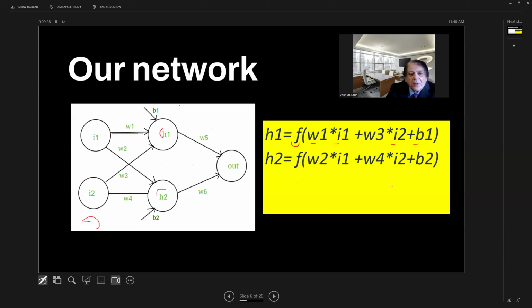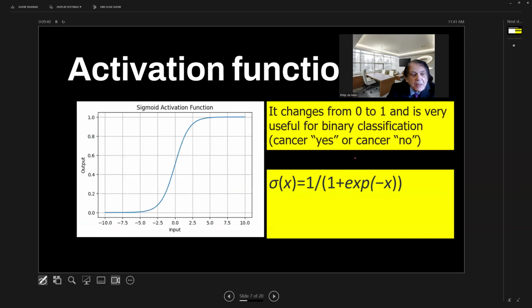And imagine now, as a simple example, we will use an activation function. What does it mean, activation function? In this case, the sigmoid activation function goes from 0 to 1.